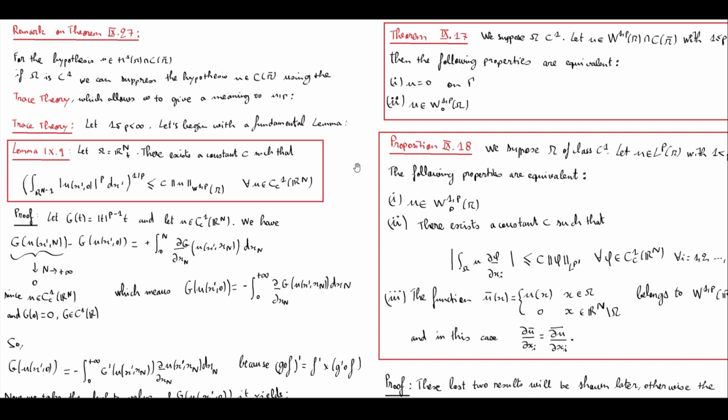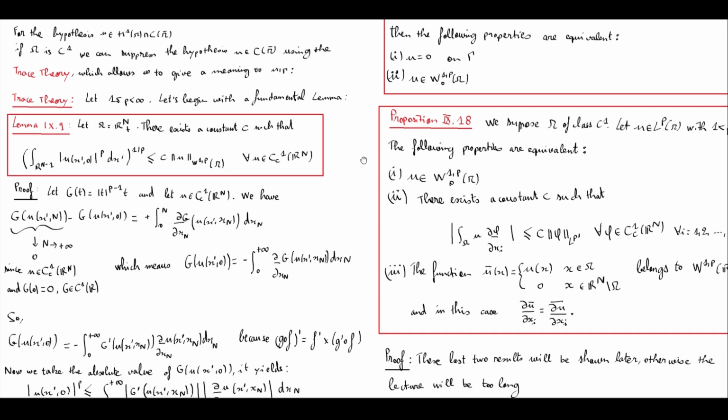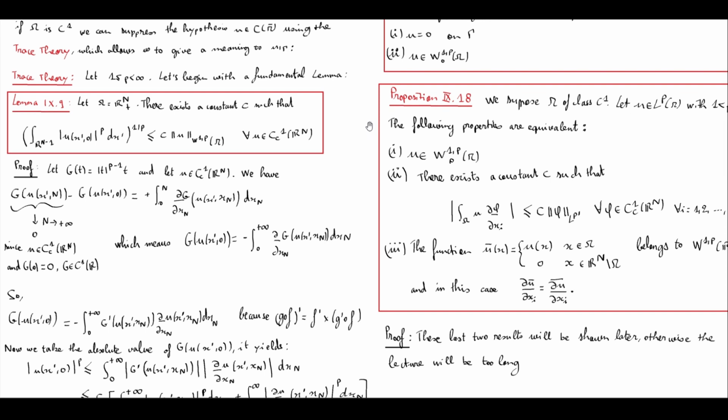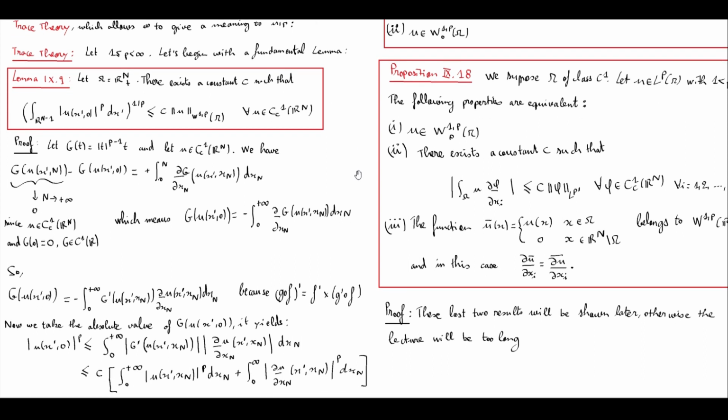Let G(t) be equal to the absolute value of t to the power of p minus 1 times t, and let u be in the set of C1 functions with compact support on R^n. We have then the following equality: G(u(x', x_n)) minus G(u(x', 0)) equals the integral from 0 to x_n of the partial derivative of G(u) with respect to x_n in (x', x_n) dx_n.